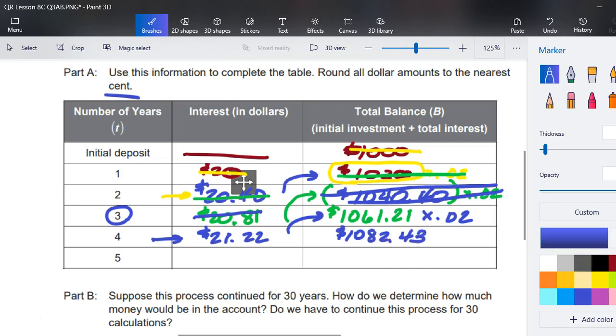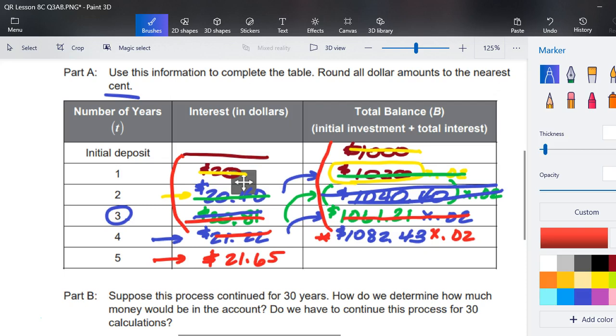$1,082.43. Now, when you do this, you're not going to be crossing everything out like I am. I'm doing it to emphasize a point. All of these numbers will be showing, but I'm trying to overemphasize that now, to be able to get the interest that goes right here, I go to this balance and multiply it times our 2%, so 1,082.43 times 0.02, and my new interest for year 5 is $21 and, rounded to the nearest cent, 65 cents.